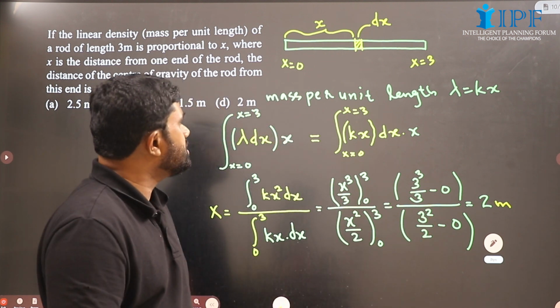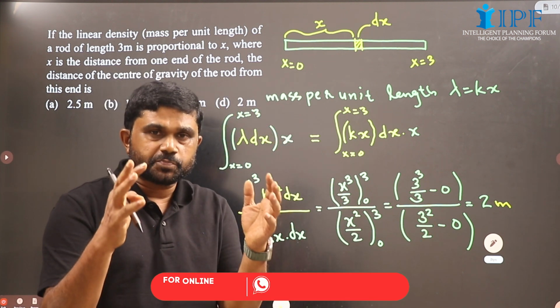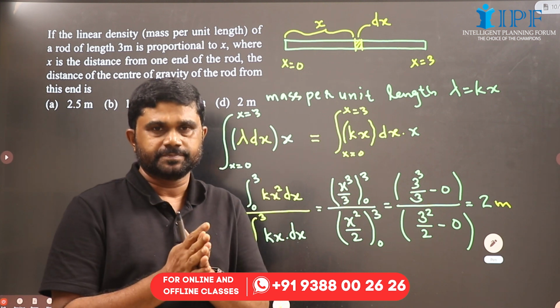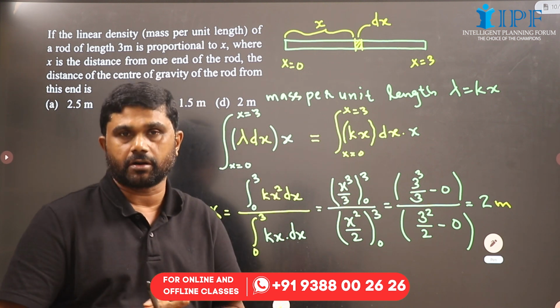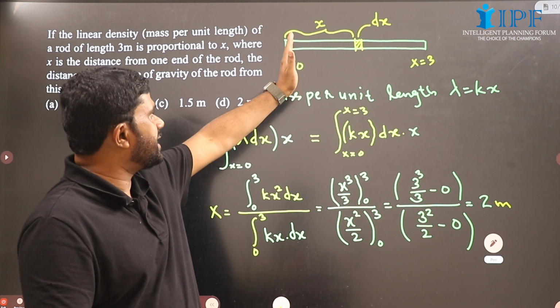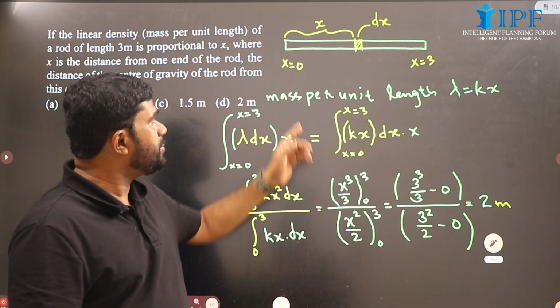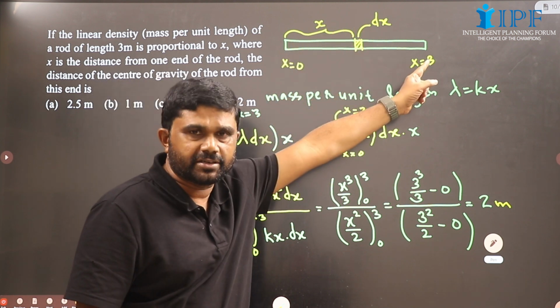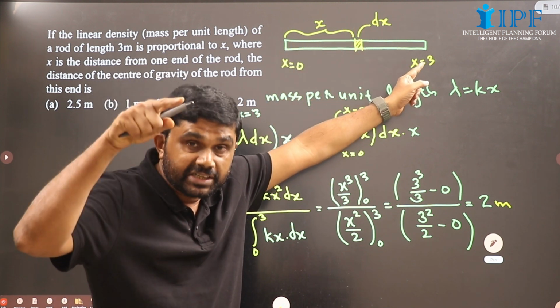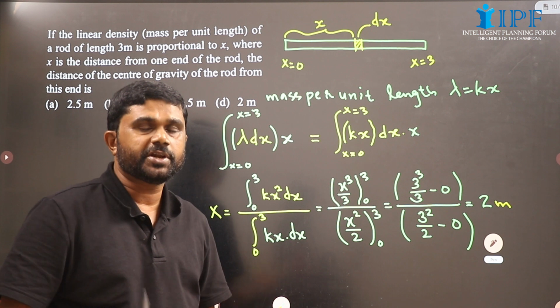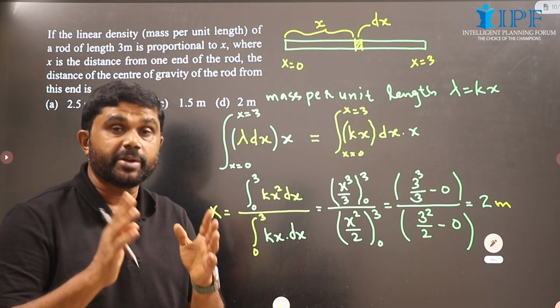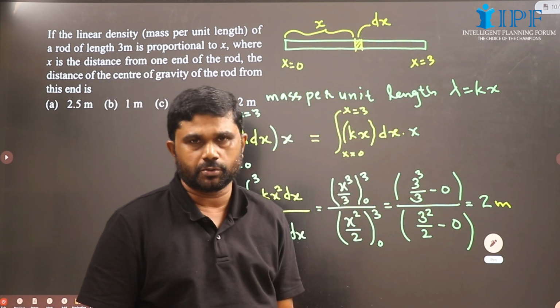Now see, it is given that mass per unit length varies with the distance from one end of the rod. Suppose here x equal to 0, so the mass per unit length is 0. As we move from this end to the other end, mass per unit length increases, and the linear mass density will be maximum at the other end of the rod.